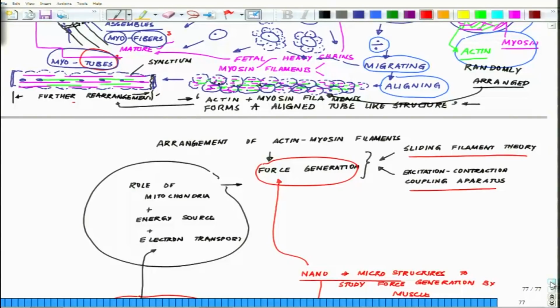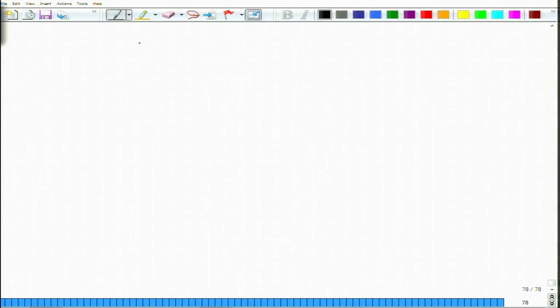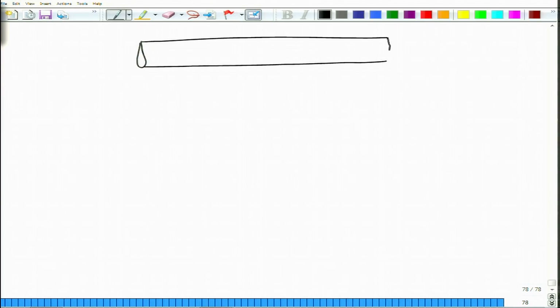When you look at a myotube, the cross section of a myotube is something like this, which becomes myofiber. I told you that there is a very interesting arrangement of the actin and the myosin filaments. If you go to any textbook referring to actin myosin filament arrangement in skeletal muscle, you will come across wonderfully drawn pictures like this.